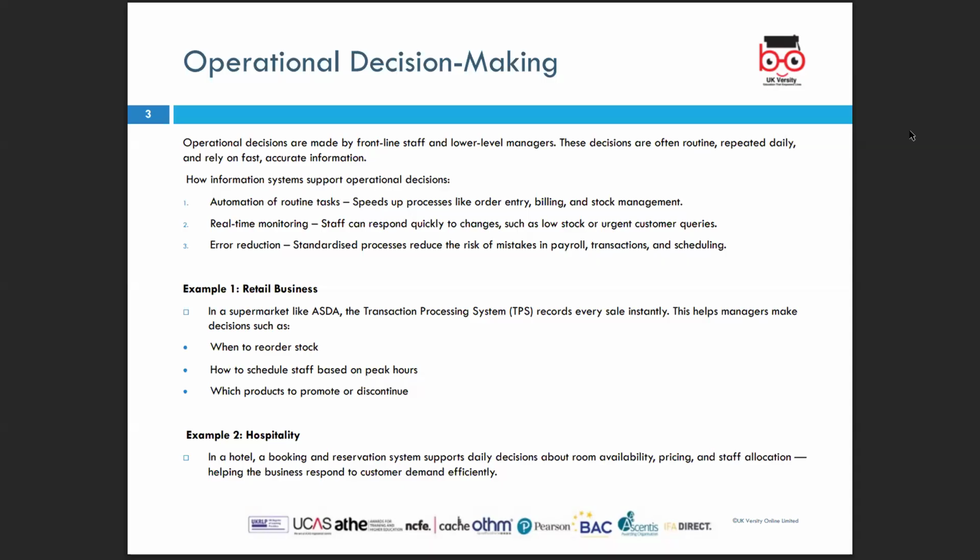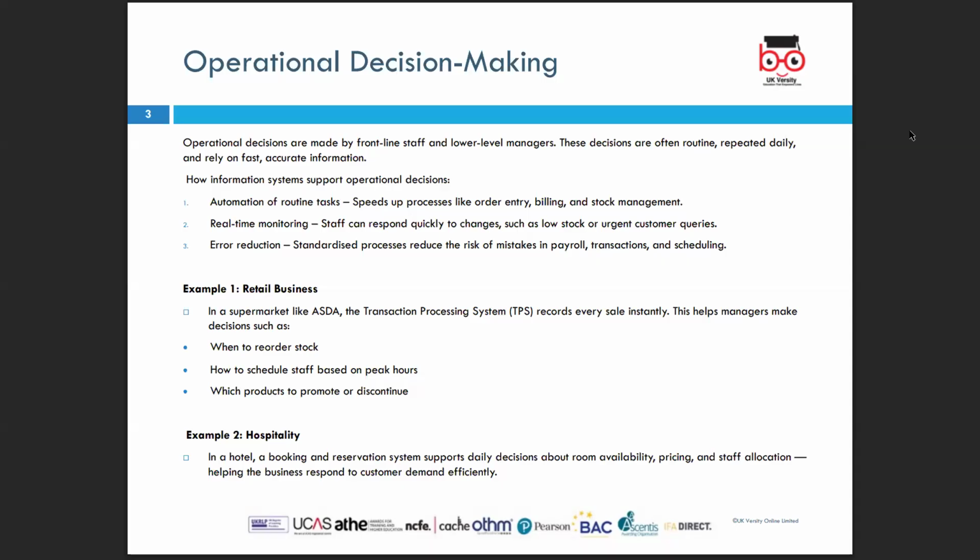It can support them with automation of routine tasks. So this helps us to speed up processes, like order entry, billing, and stock management. Real-time monitoring, where staff can respond quickly to changes. Error reduction, where we have a standardized process to reduce the risk of mistakes in, for example, payroll, transactions, or scheduling.